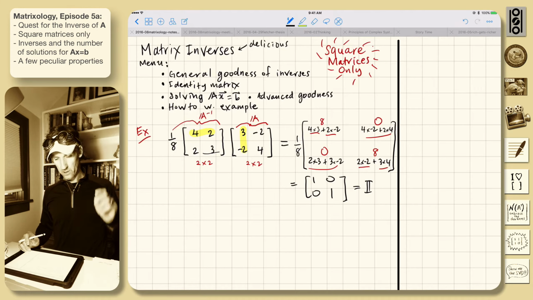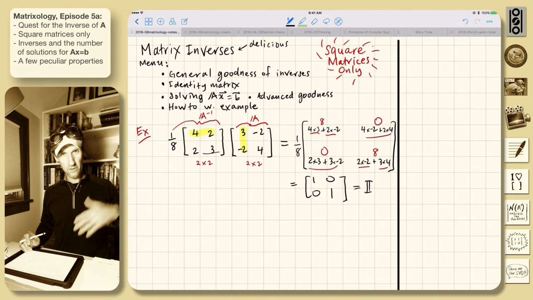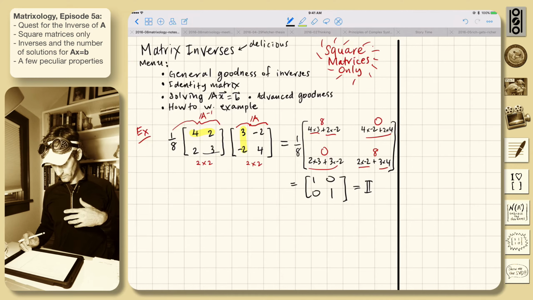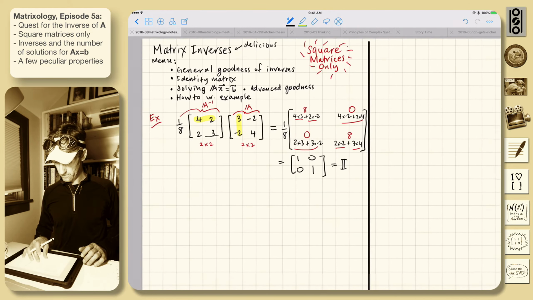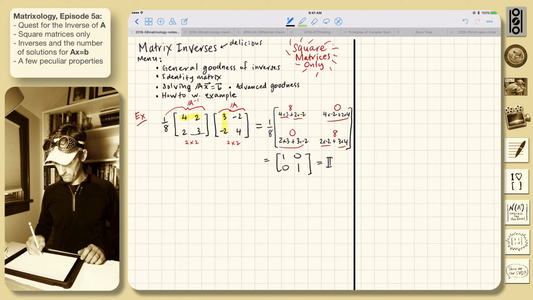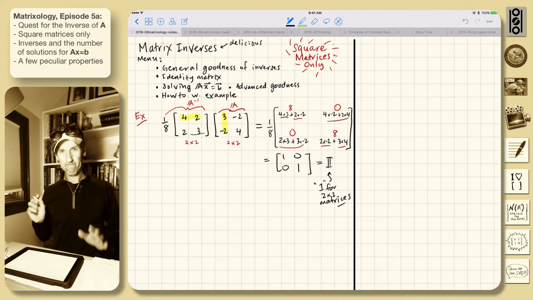The identity matrix times any 2x2 matrix will give you that matrix back. And any matrix that you can multiply it with, it will not change it. So it's like multiplying by 1. This is 1 for 2x2 matrices, in quotes, the multiplicative one. Pretty awesome.